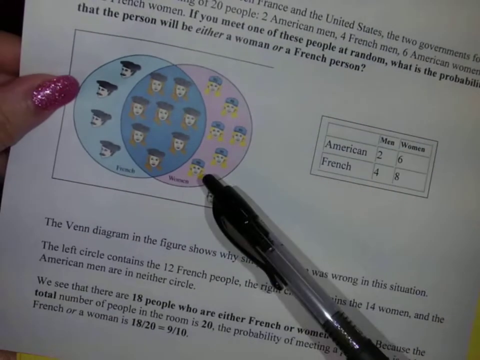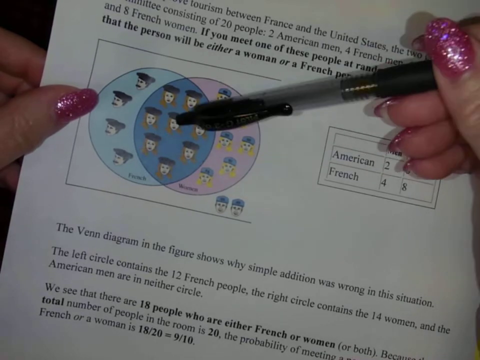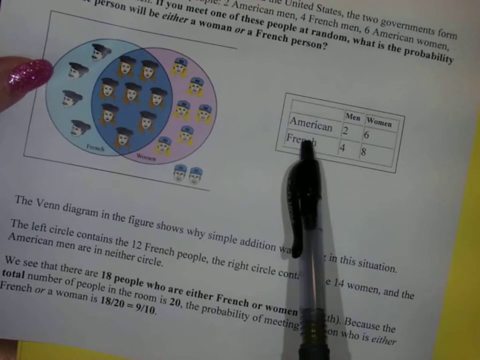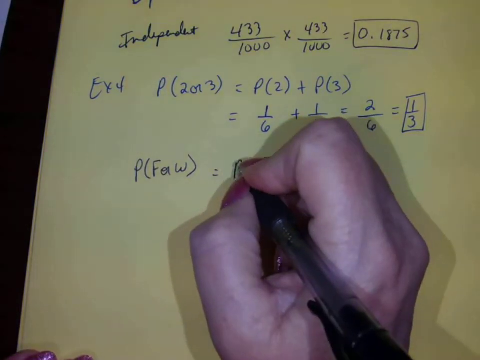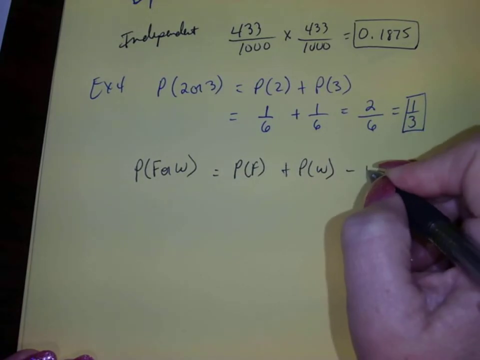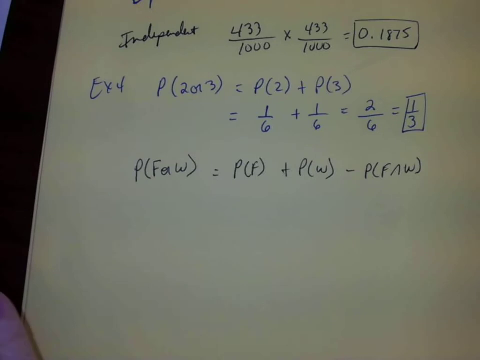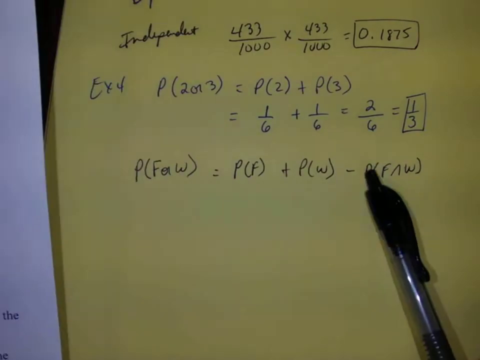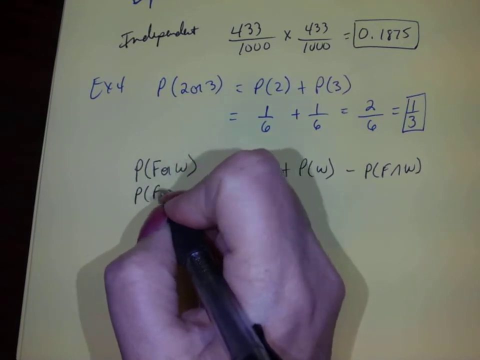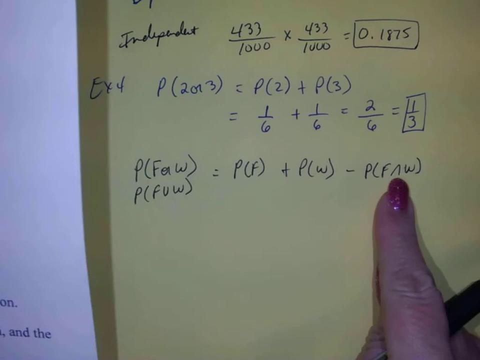Now we can see where they overlap here, and that's where we have the intersection, which we're going to need in a minute. But first we need the total of French. So this will be the probability of French plus the probability of women minus the probability of the French intersected with the women. Okay? That's going to be that formula. And this would be the probability of F unioned with W. So that's a union. This will be the intersection.